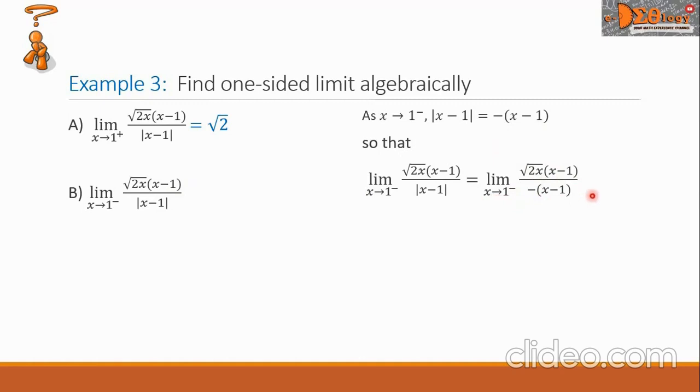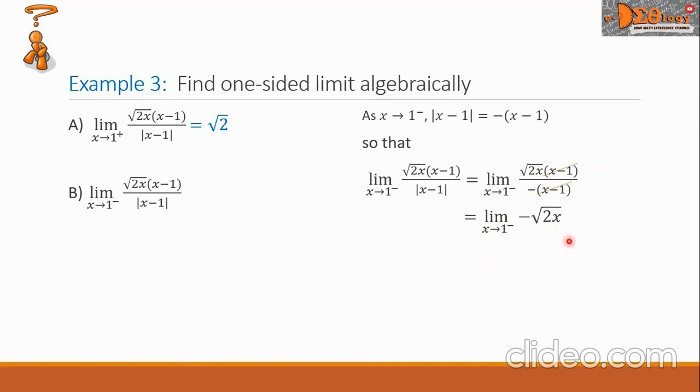We can see here that there is a common factor in the numerator and in the denominator, and that is the x minus 1. So we can cancel those terms. Rewriting our limit again, we write here the limit of the negative of the square root of 2x as x approaches 1 from the left.